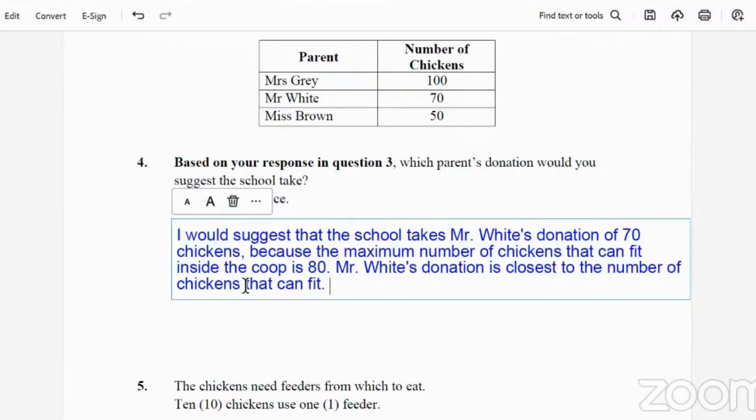All right, let me see. Just to be sure, 100 chickens would be too much, or maybe too many. And 50 would not be enough.